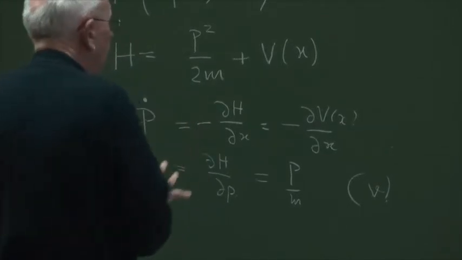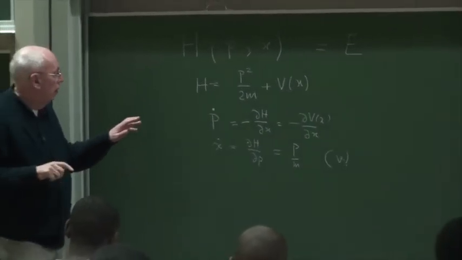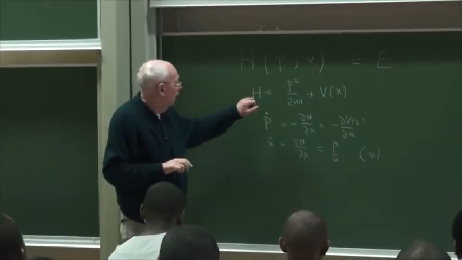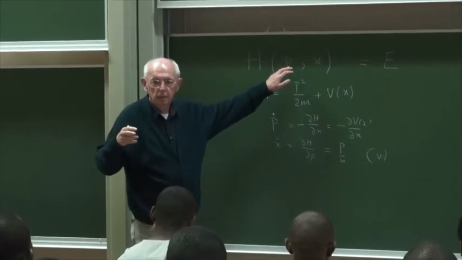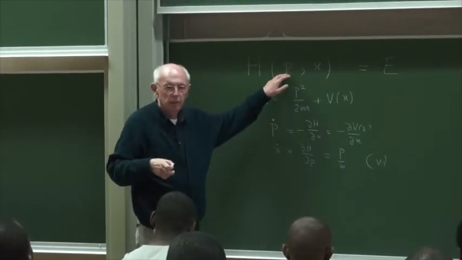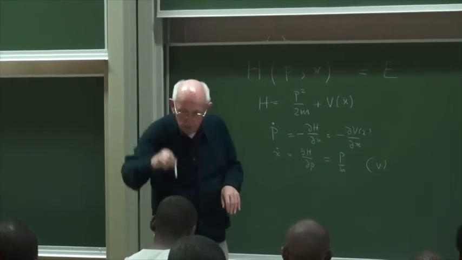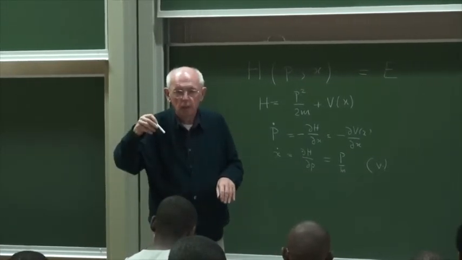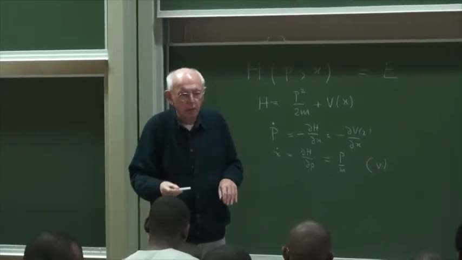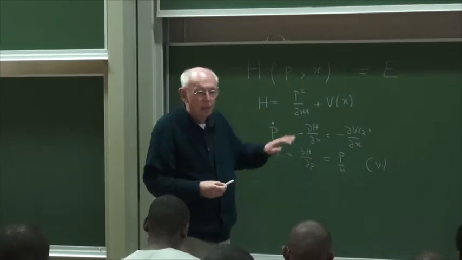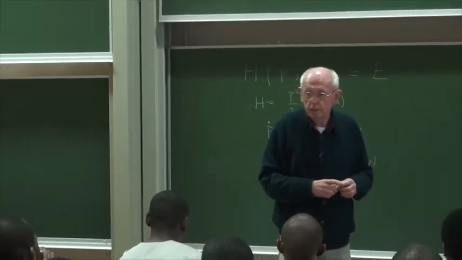Now, what I'm going to do from now on is I'm going to go to more dimensions. So we've done this in one dimension. The one-dimensional problem is just this thing falling down, or the swing. It's just in one dimension. But in general, if things move, they move in 3 dimensions.